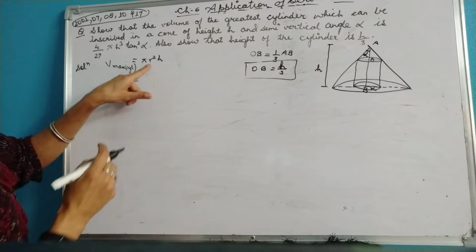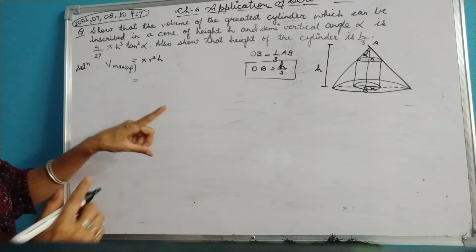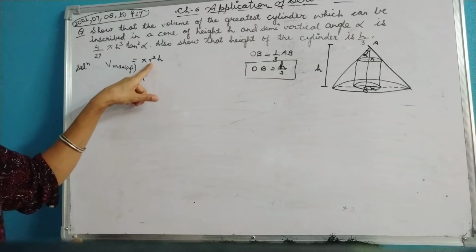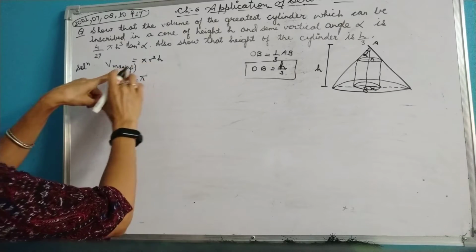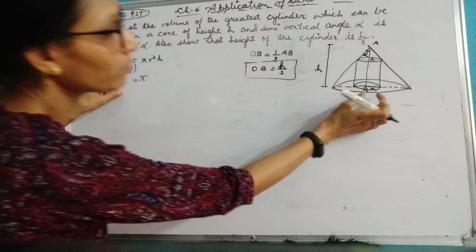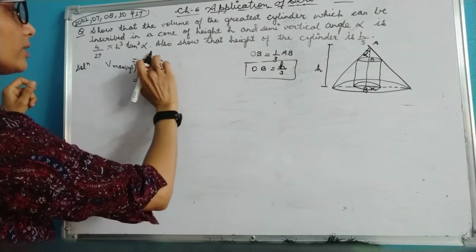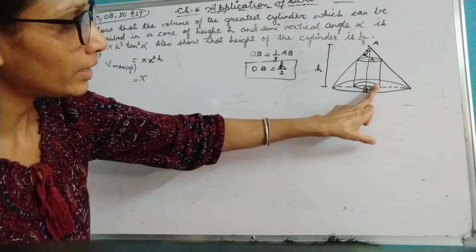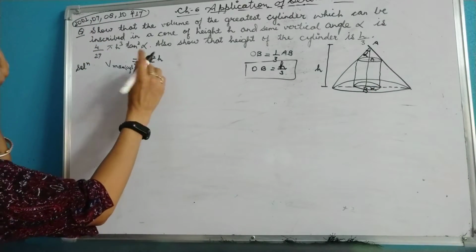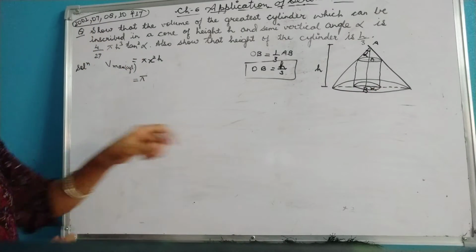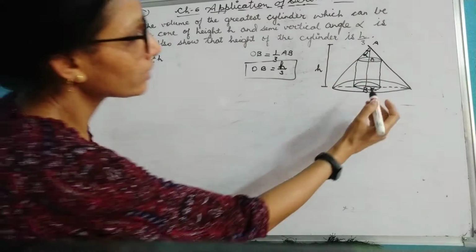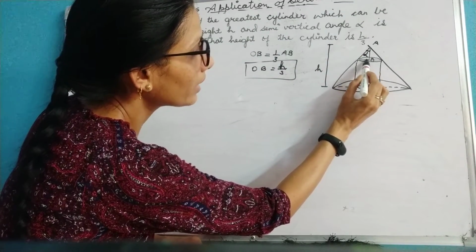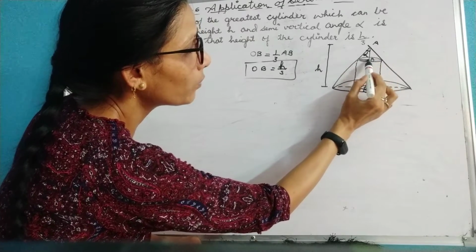Here I need to convert this into one variable, so I'll be writing this as pi r square h. So what is your r square here? I am taking a cylinder, so r means the radius. So in turn I can write it as x square because I have considered this as x. So this is pi x square h. Now this x, if this is your x, I can find out this value with the help of trigonometry.